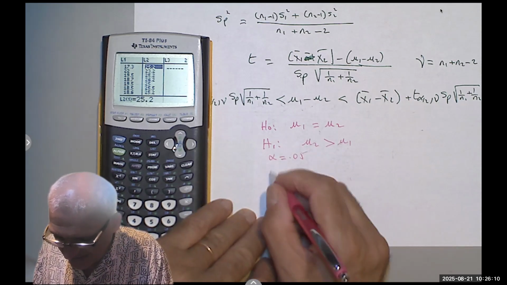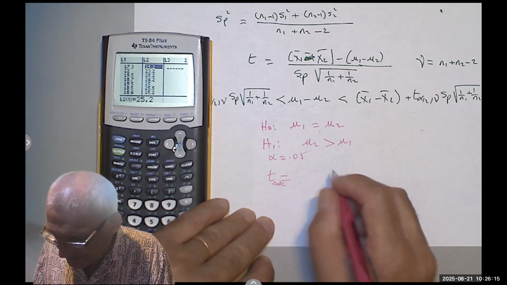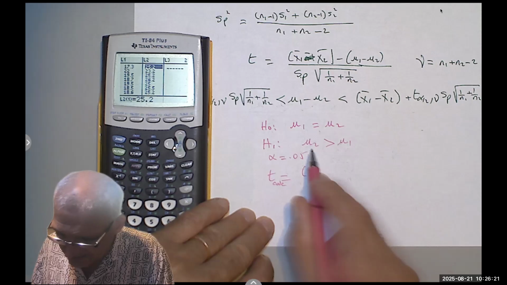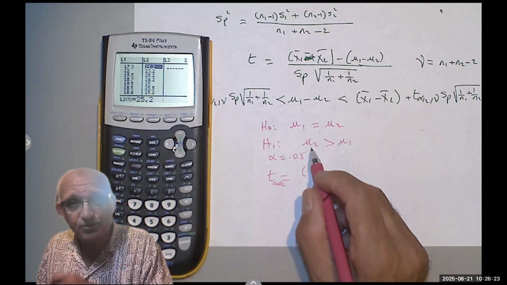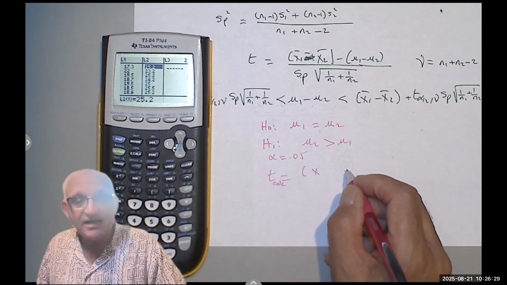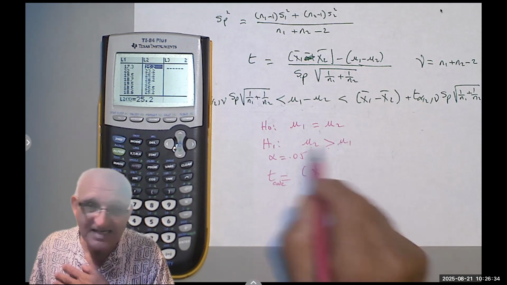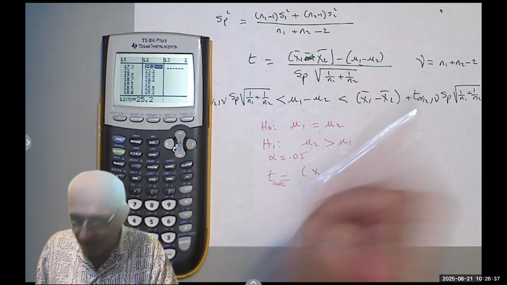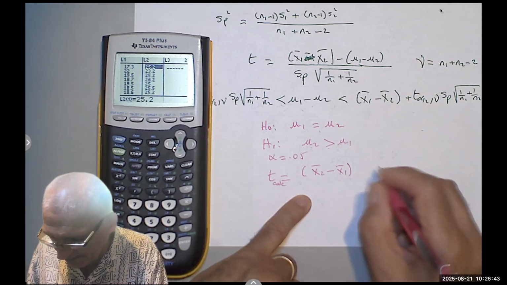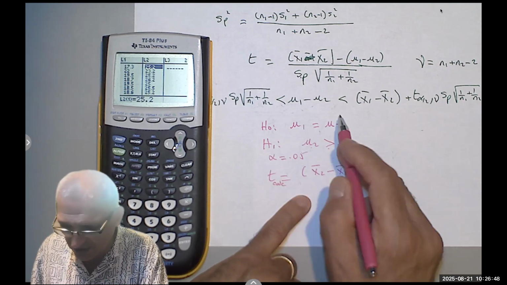So we'll be using t calculated equals, if we want to say mu2 is greater than mu1, I can say x1 bar minus x2 bar, and I'm rejecting on the lower side because that means x1 bar is less than x2 bar. So really, you can write it better as x2 bar minus x1 bar minus mu1 minus mu2, but mu1 equals mu2 in the null hypothesis.